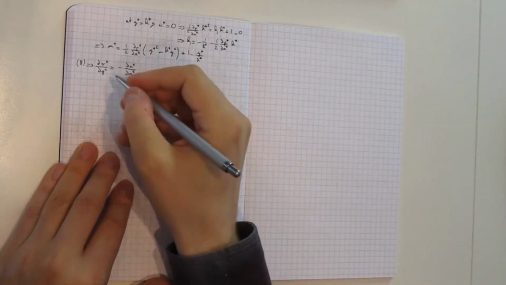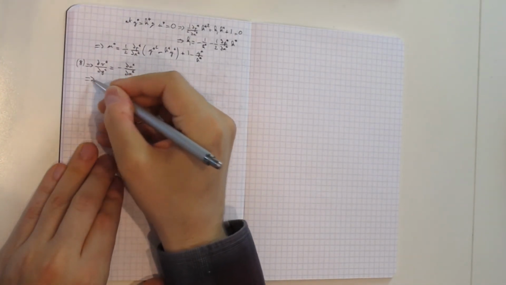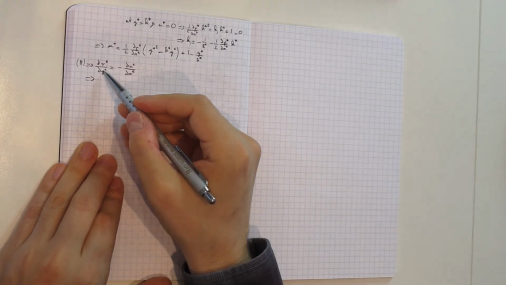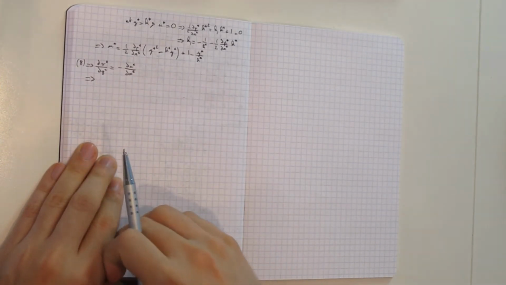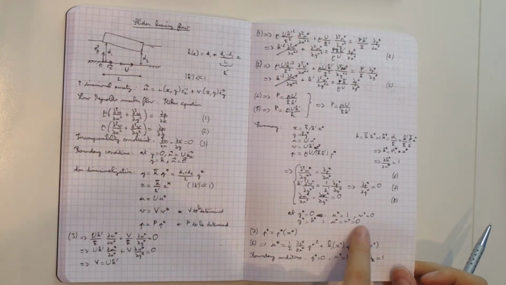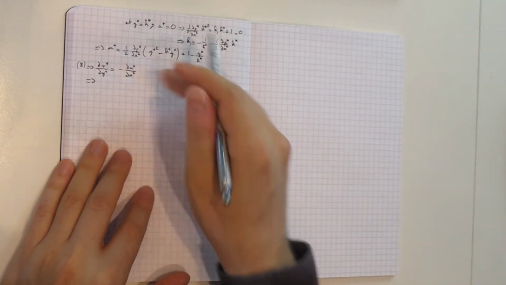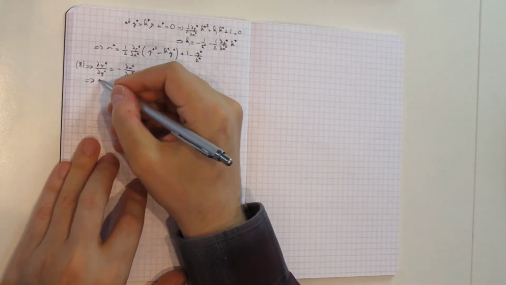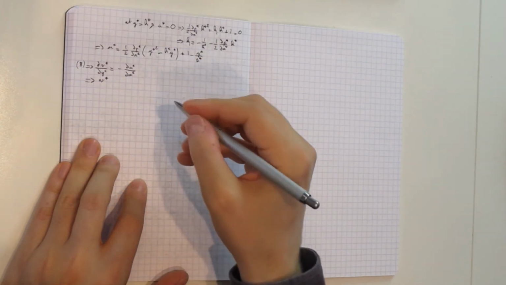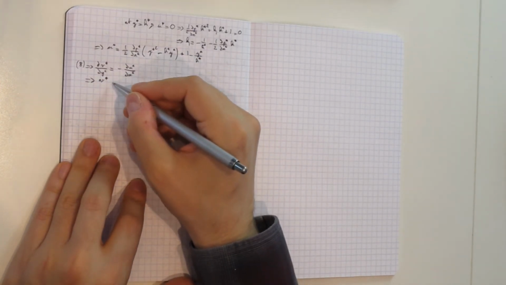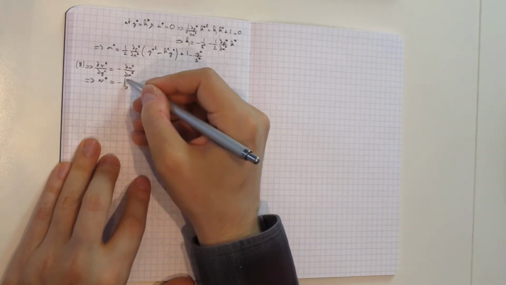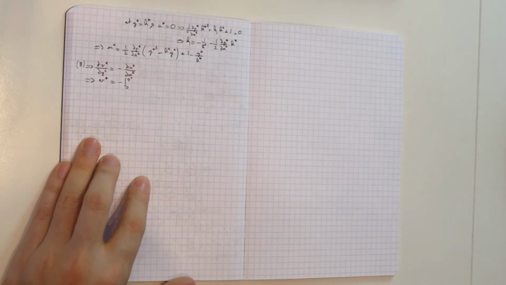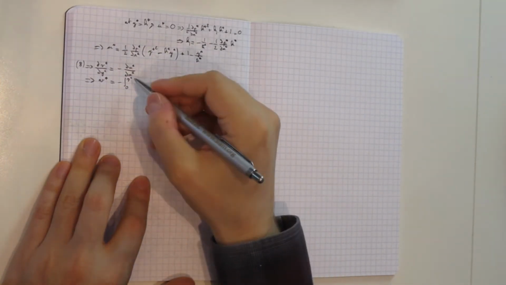In other words, I can integrate this with respect to y between 0 and y star. 0 will give me v star at y equals 0, which is 0, so that's my boundary condition, which is very useful. And so I've got v star at y star minus v star at 0, so that is to say v star equals minus the integral from 0 to y star of du by dx.